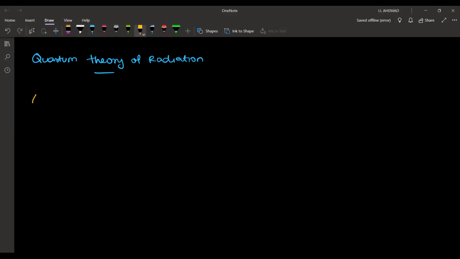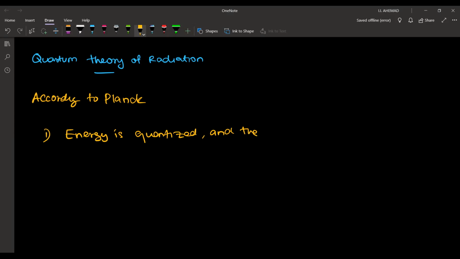So according to Planck, he says that energy is quantized, and the quantum is called photon.